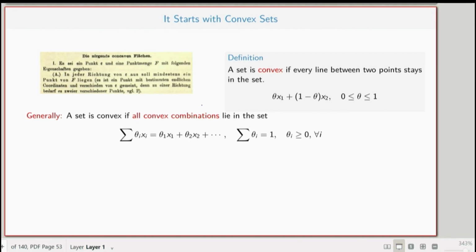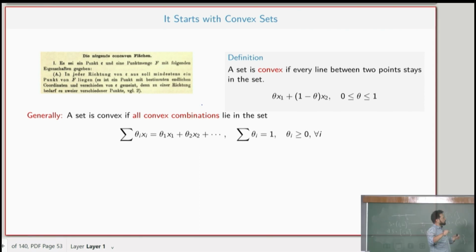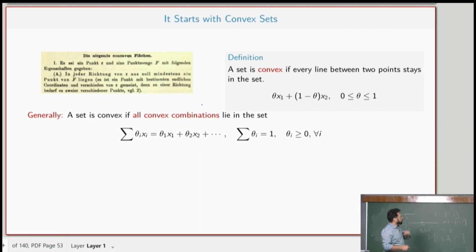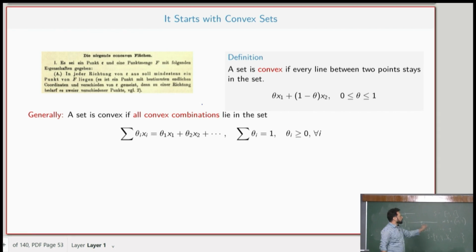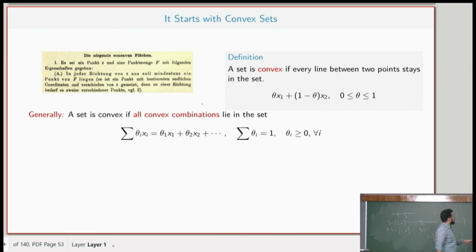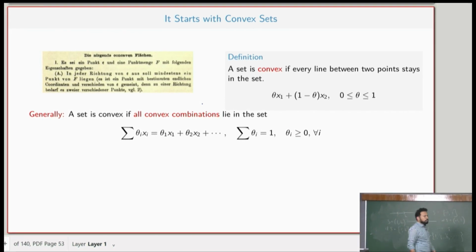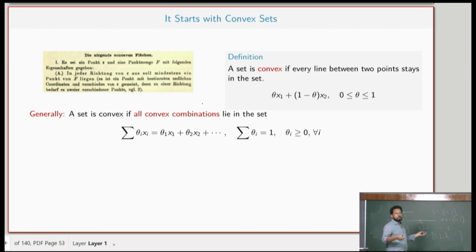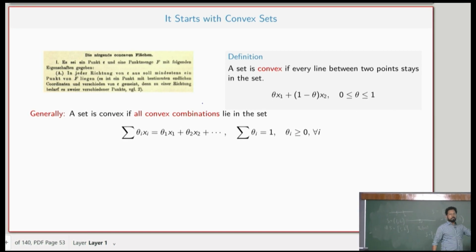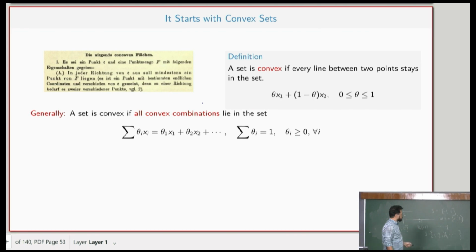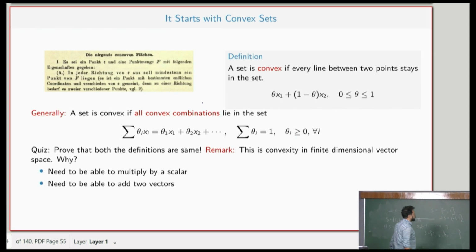So if you take multiple points in a convex set and do a convex combination, the point necessarily lies in the set. Just like in a vector space, if I take a bunch of points and do a linear combination, the point must lie in the space. So these ideas just extend.